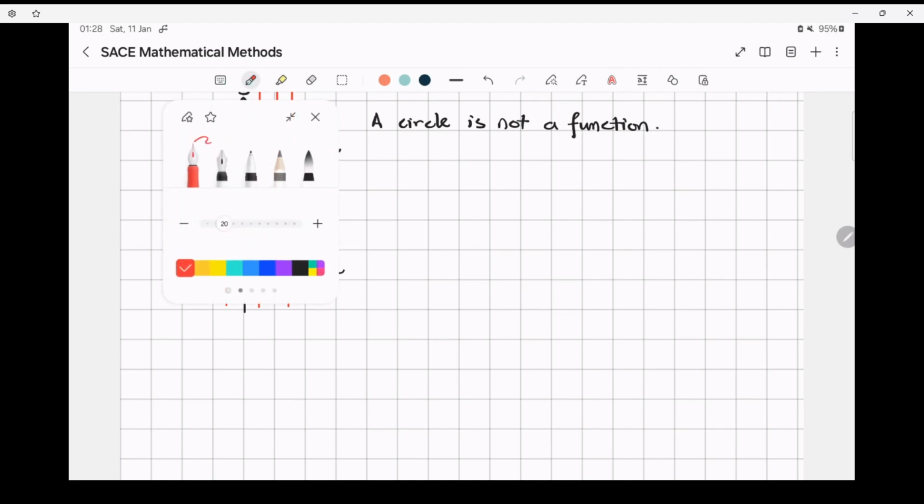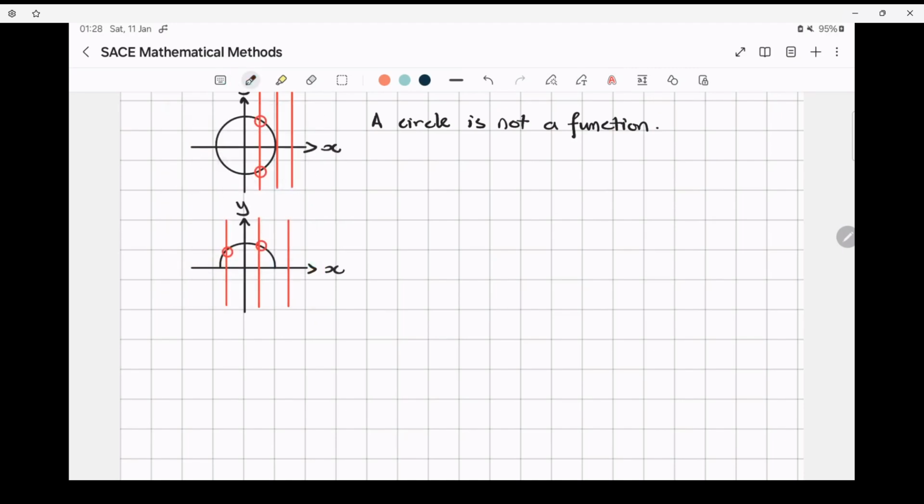So then this is a function. So basically this is a many to one function.